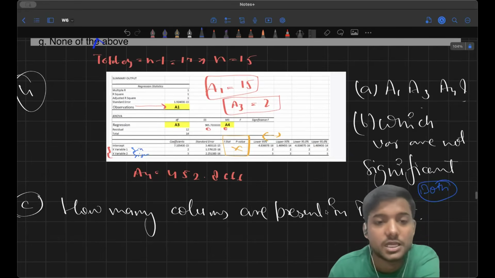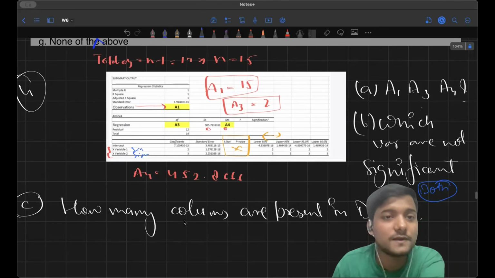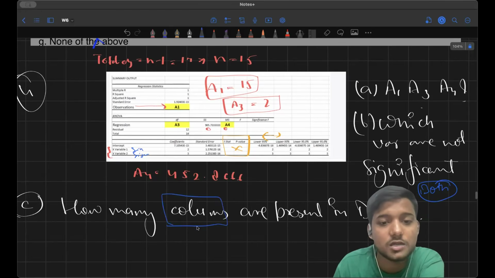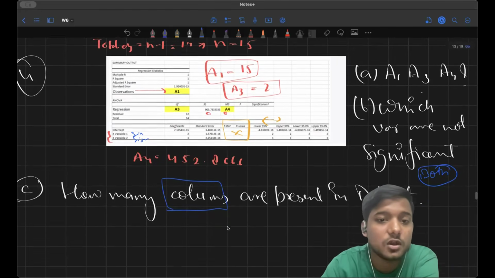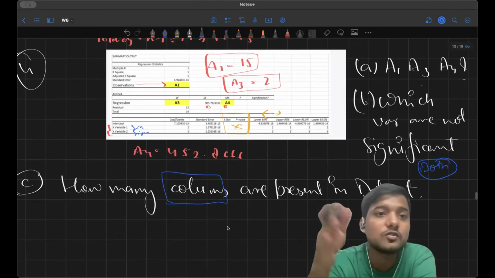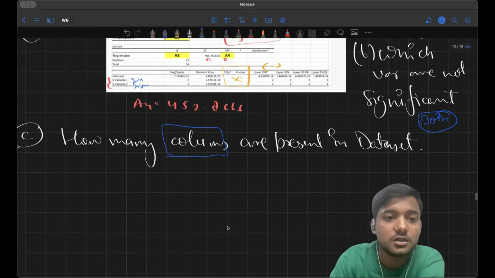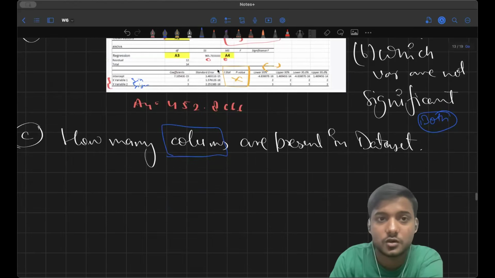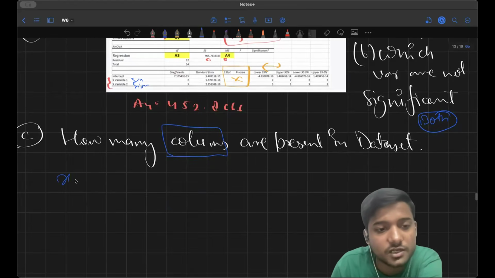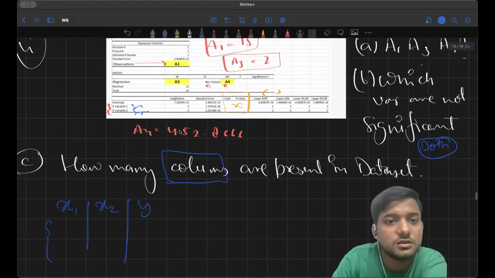How many columns are present in the data set? Now this is very important. You see how many columns. It is not asking you how many columns for X. It is asking you how many columns. So if you want to create this kind of ANOVA table output, you should have this kind of table, X1, X2 and Y values. And this should be 15 observations.